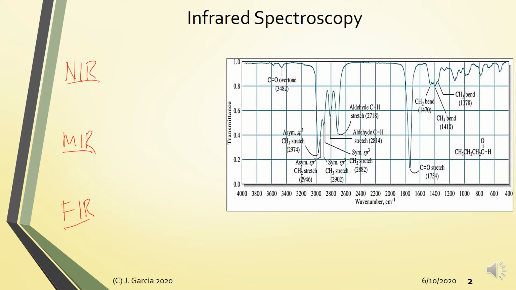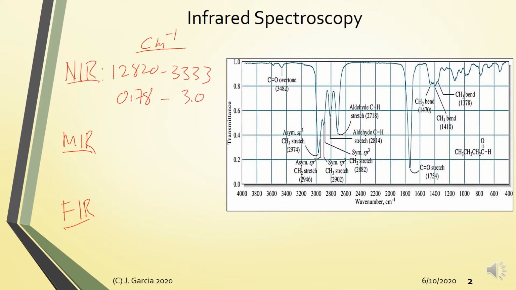Now, roughly, the near IR region in terms of reciprocal centimeters, which is what we'll use, is around 12,820 to 3,333 per cm, or in terms of micrometers, around 0.78 to 3 micrometers.